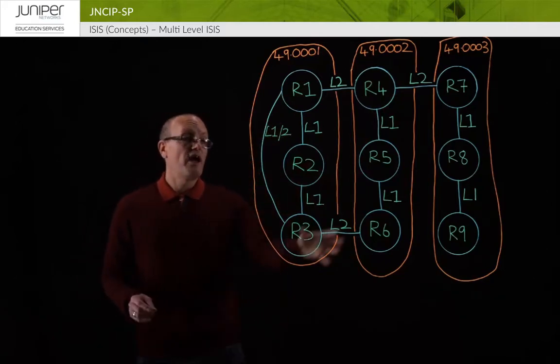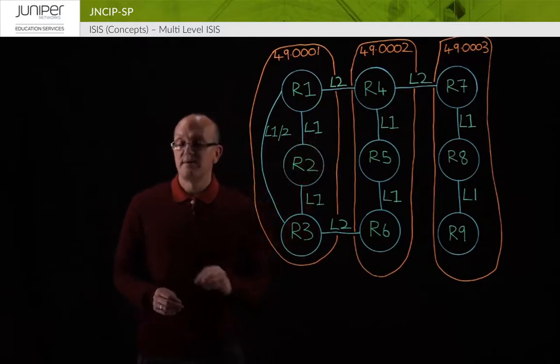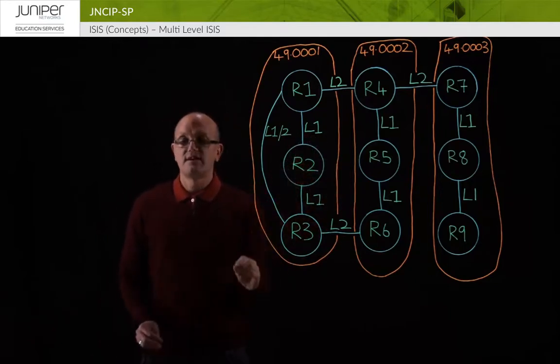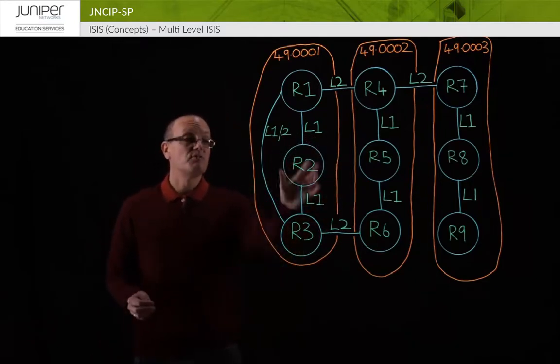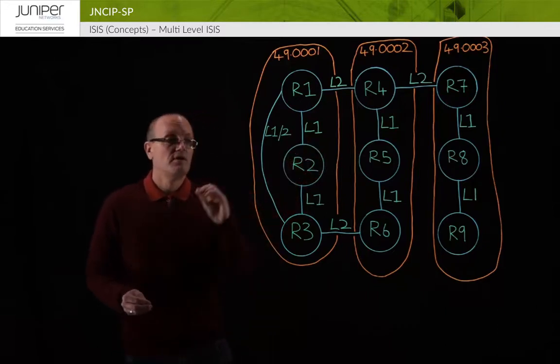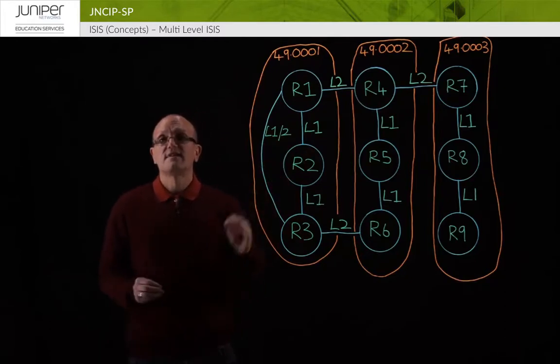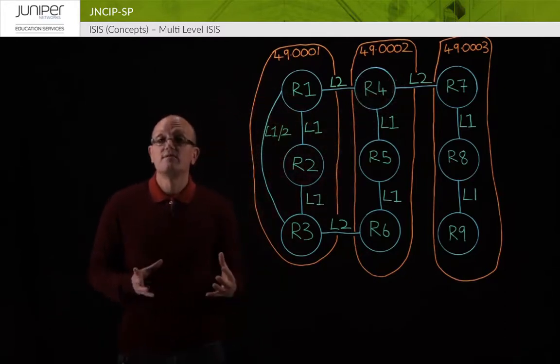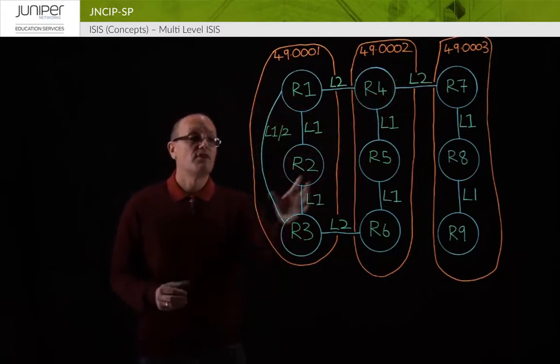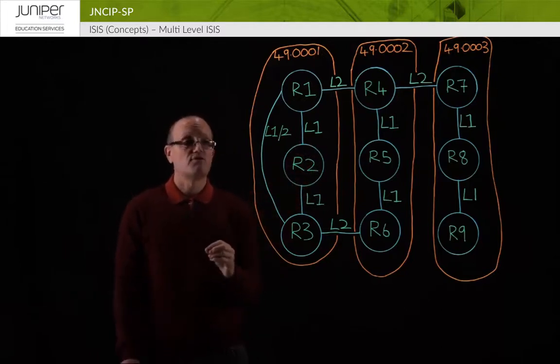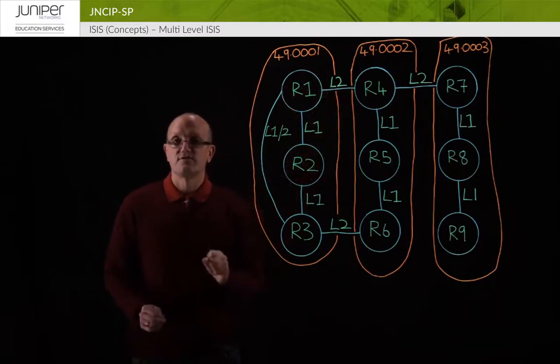And when level 1 only speaking devices receive these link state PDUs with the attached bit set, they know that they can route to that device to get to the greater ISIS domain. So they auto-generate a default route pointing to that router.